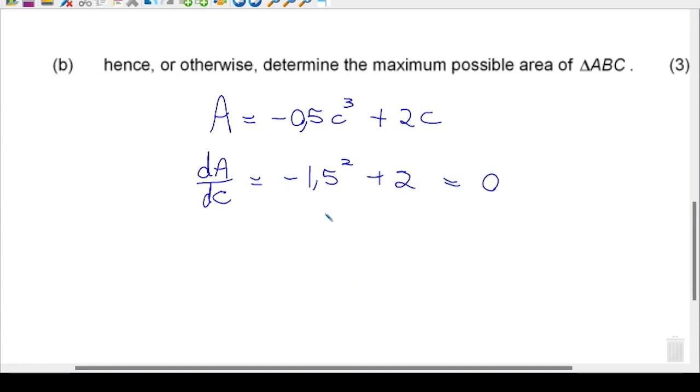And we want that to equal 0. Sorry, that should be c squared. Complete mess. Let's just fix that.